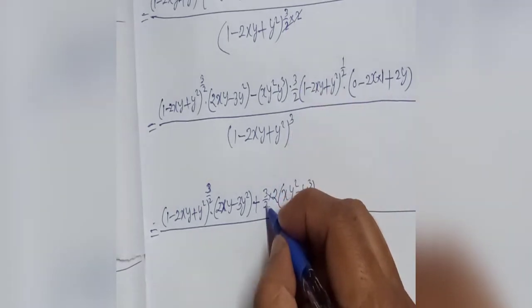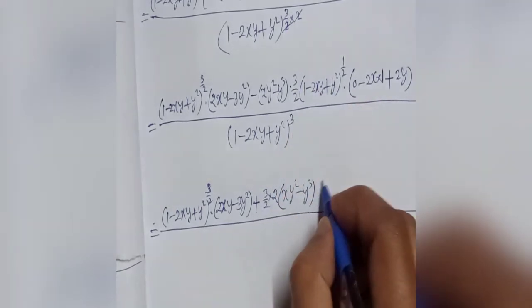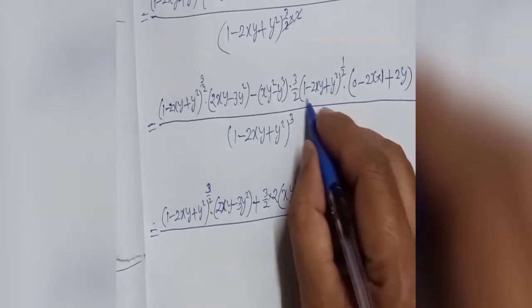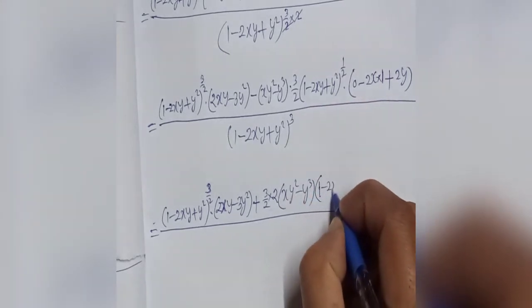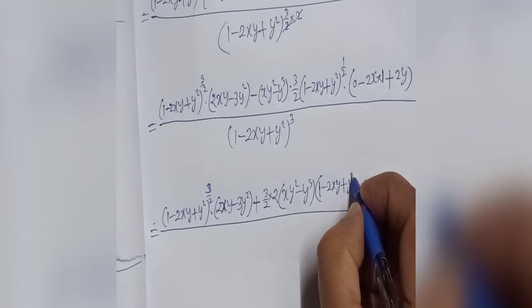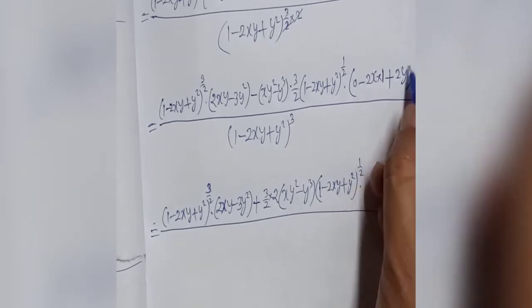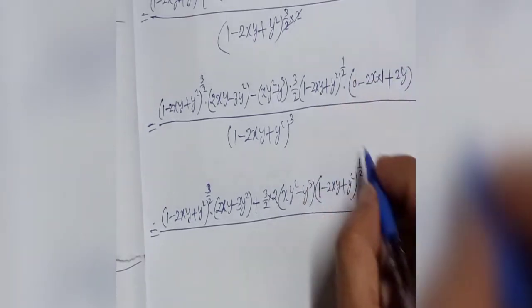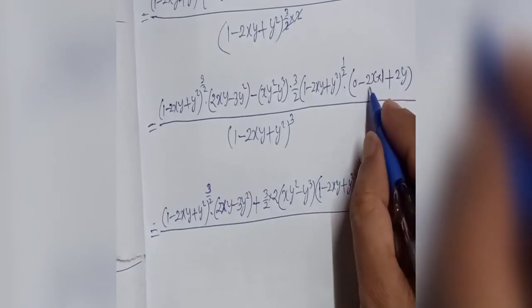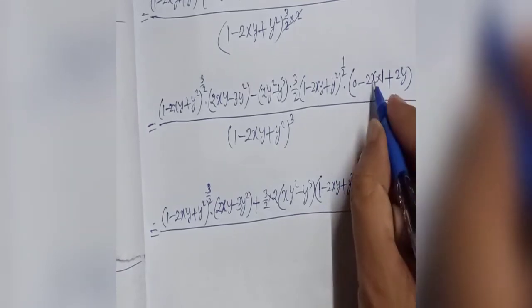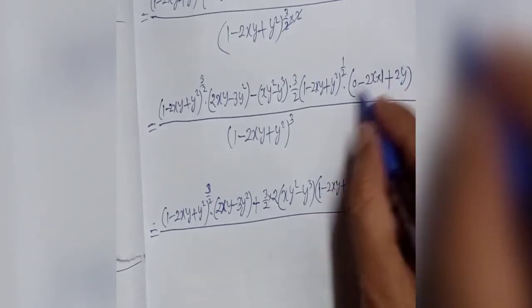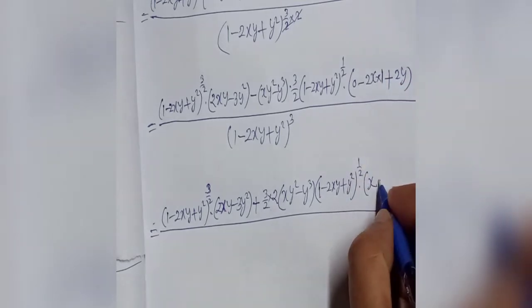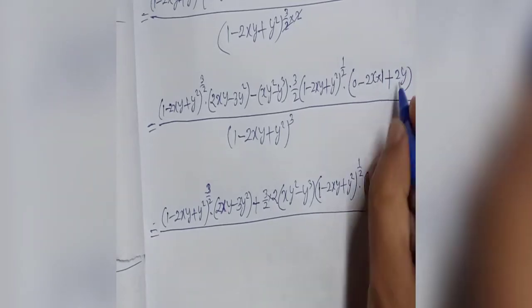I write it first, and write this bracket as (1 − 2xy + y²) to the power 1/2, because I take minus 2 from this bracket, so it becomes x, since the minus is coming from this bracket, this plus converts to minus, and 2 also takes to here.